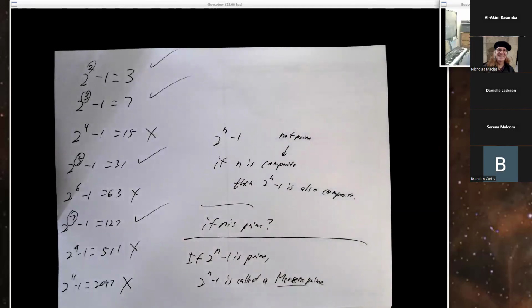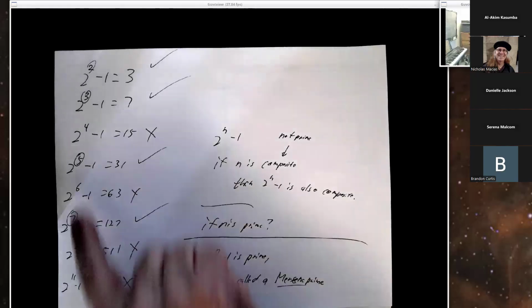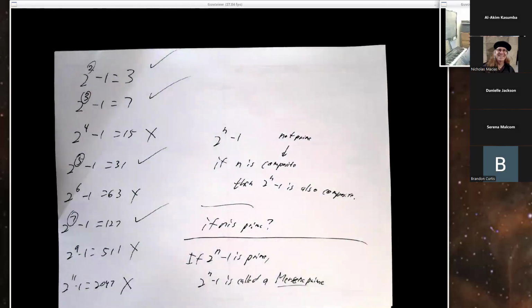I don't think we've determined if there's a limit to the number of Mersenne primes, and we have absolutely not found a pattern as to which primes will give you Mersenne primes and which ones won't. There's a lot about prime numbers that we just don't know.